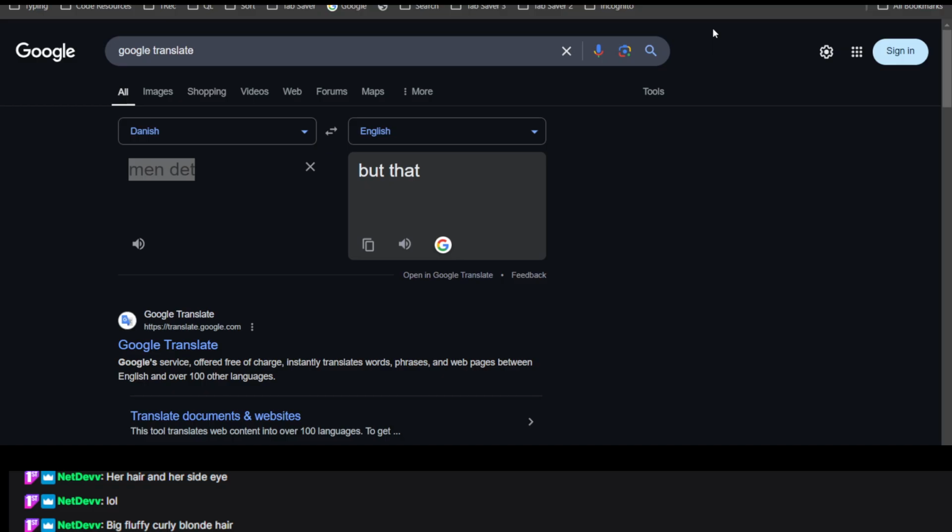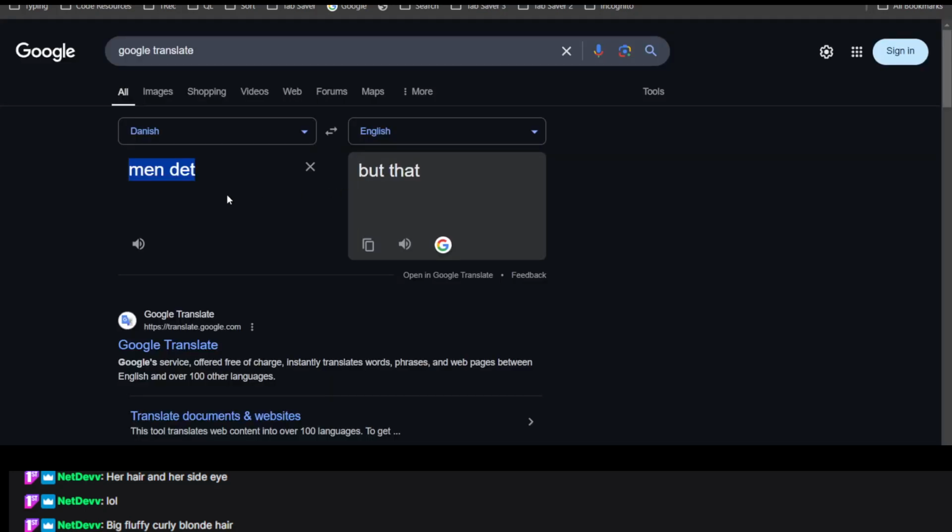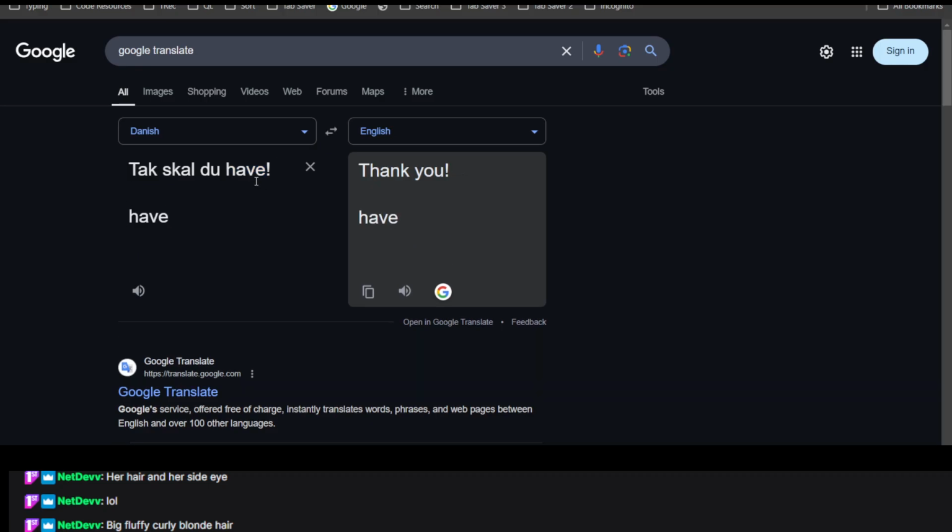Well, this is why Google Translate exists. Okay, that wasn't helpful, but it's fine. I don't think it's supposed to be that in this context, but it's probably like I will have thanks.